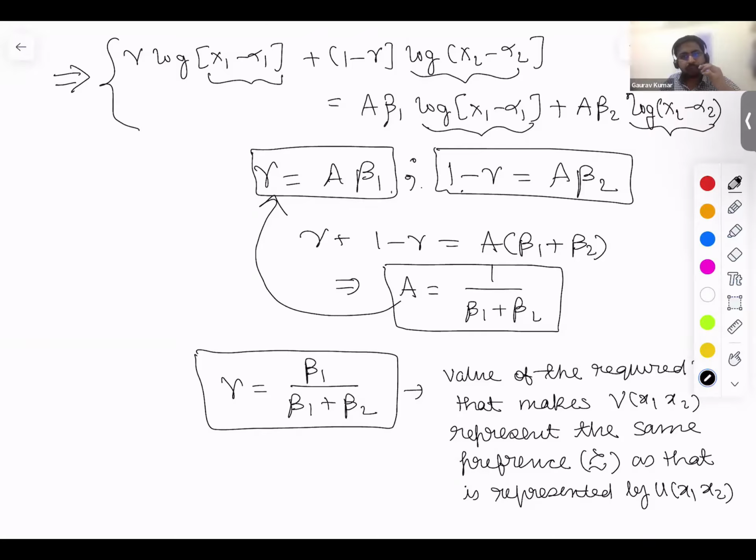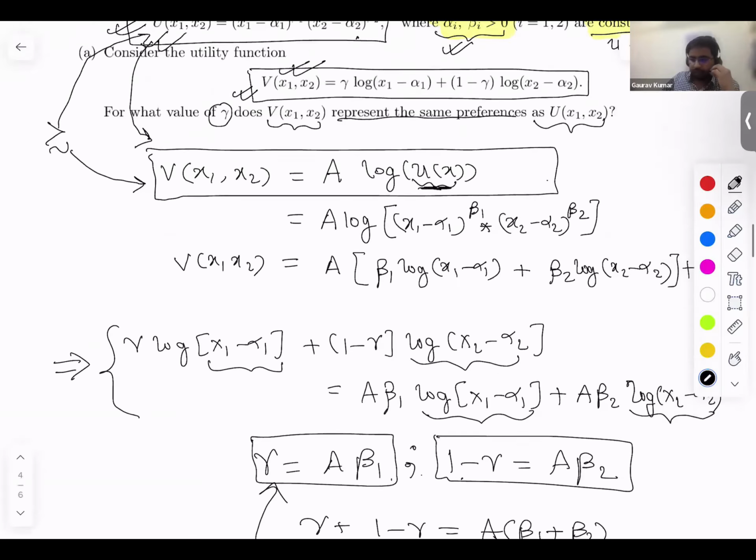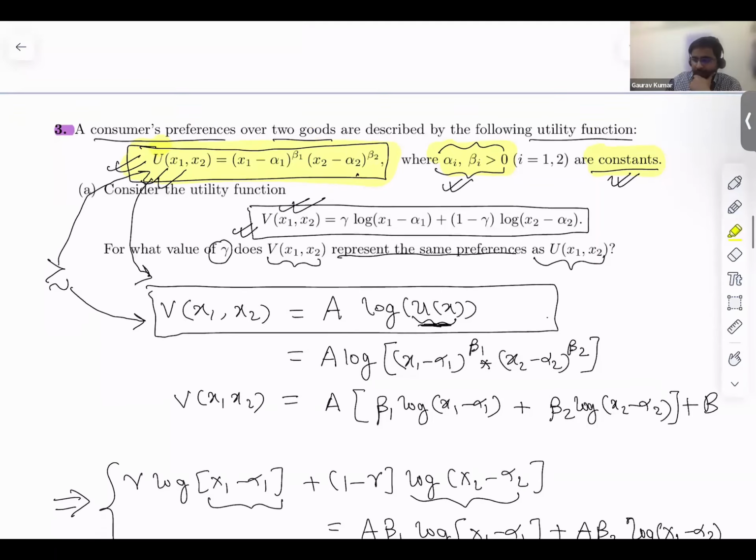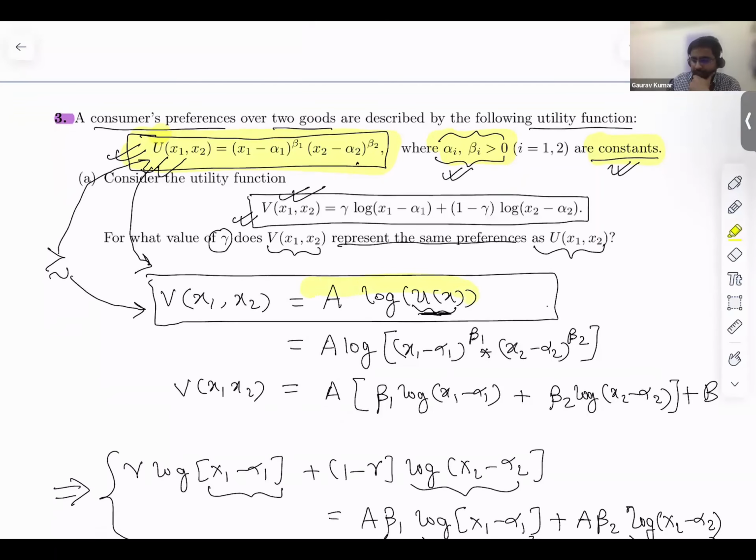I have explained the monotonic transformation of the utility U. We have this utility function given to us. I'm taking log on both the sides and I'm assuming this to be the utility representation after the monotonic transformation. So now it's clear to you.